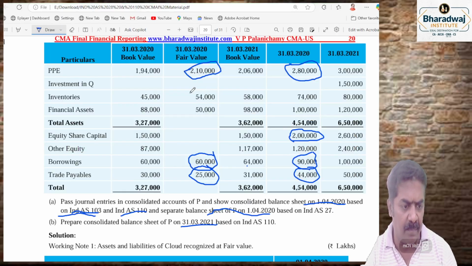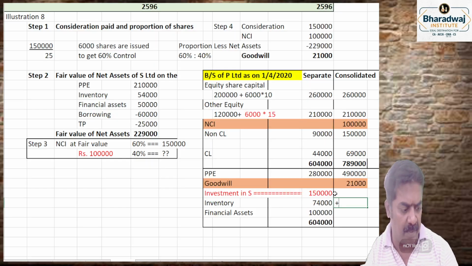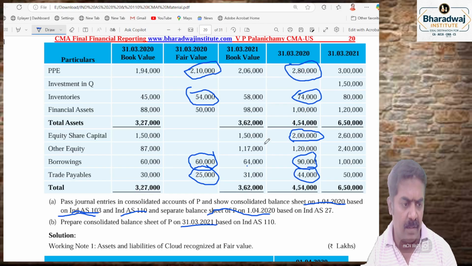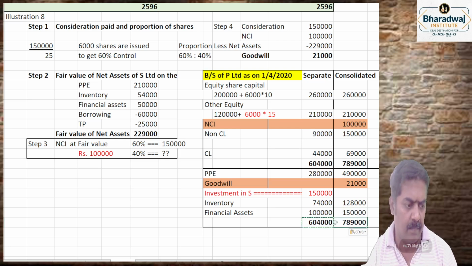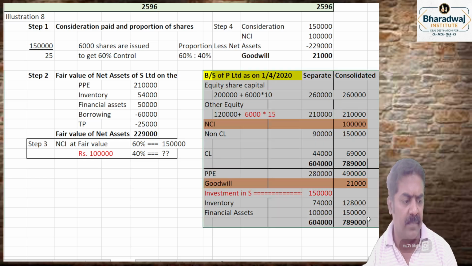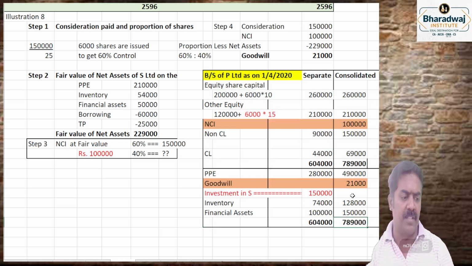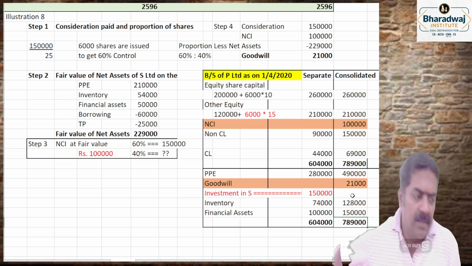Inventory fair value 54,000 plus 74,000. Then financial assets 50,000 plus 1 lakh. This is the separate and consolidated financial statement at the beginning of the year.